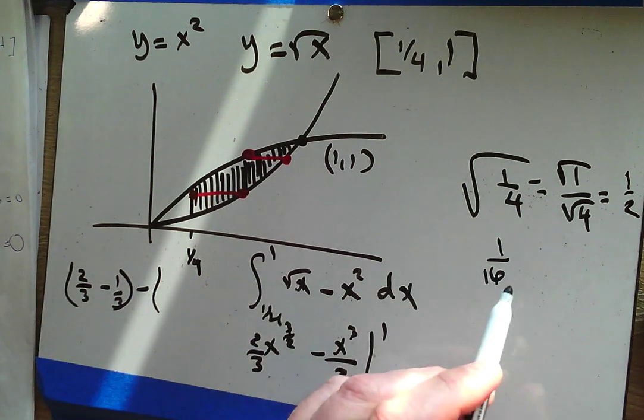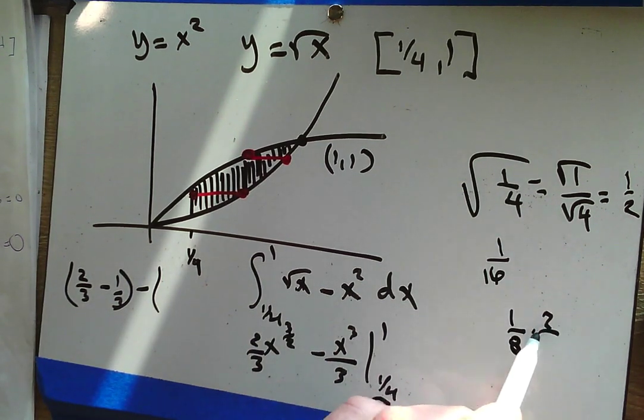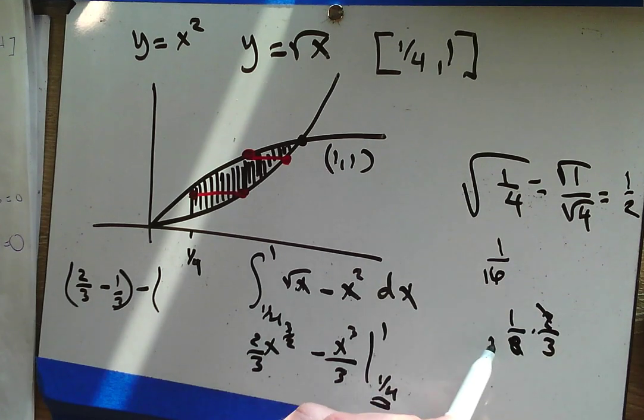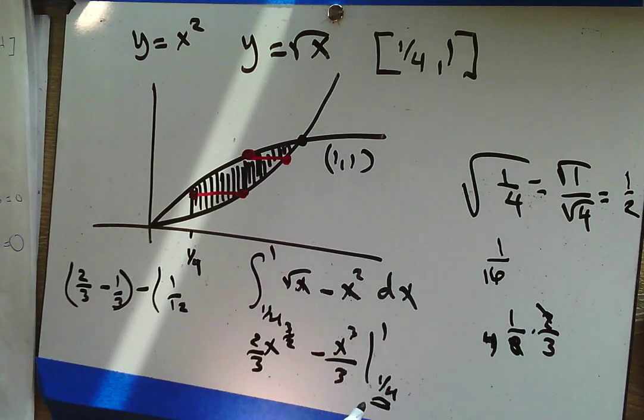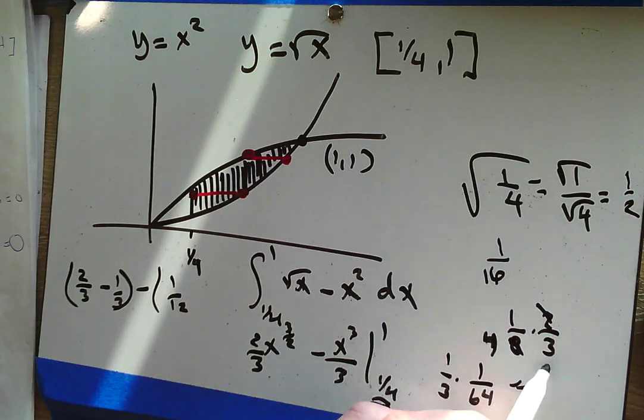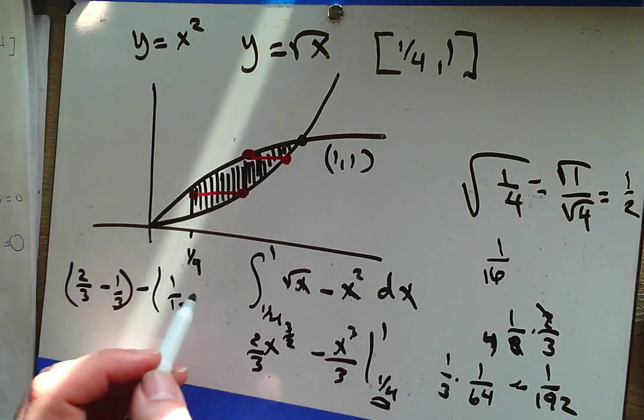1/8 times 2/3 is going to be 1/12. Okay, and then we plug our 1/4 in here. 1/4 to the 3rd is 1/64 times 3 in that denominator, which is 1 over 192.